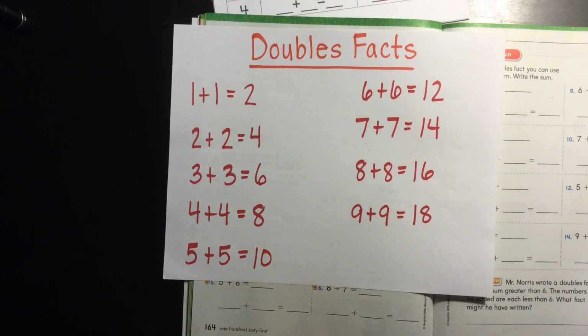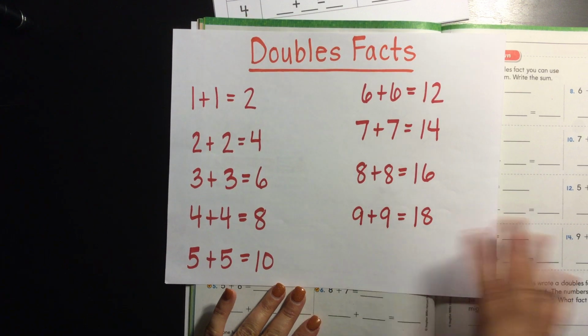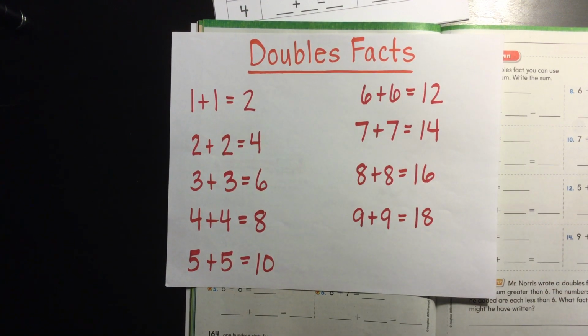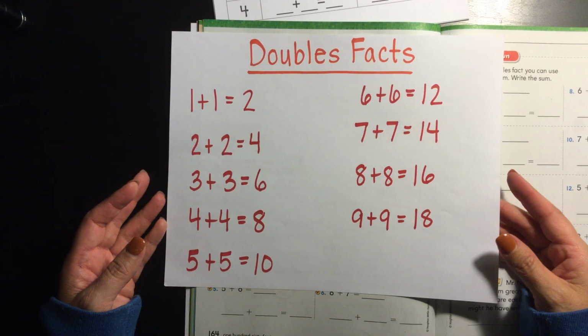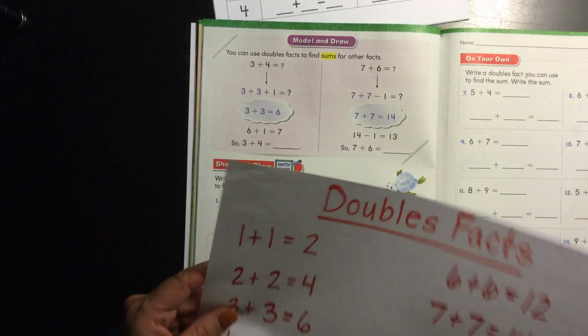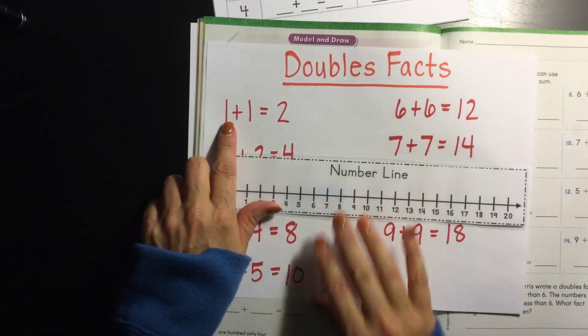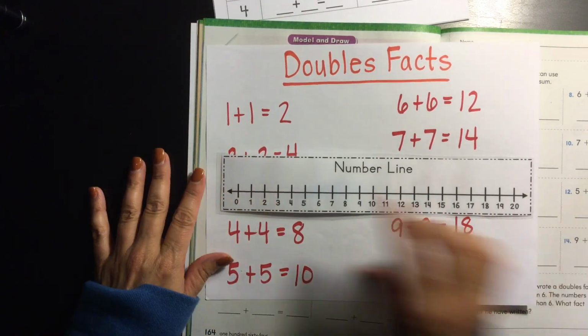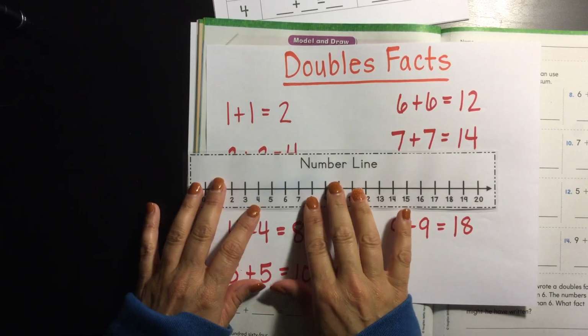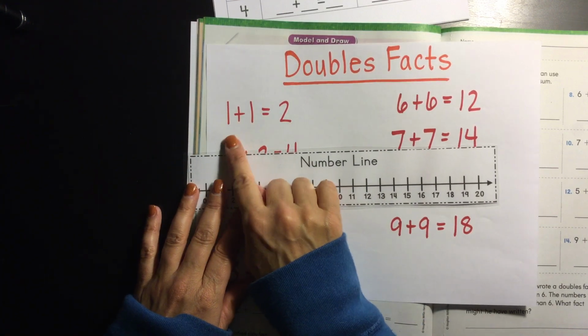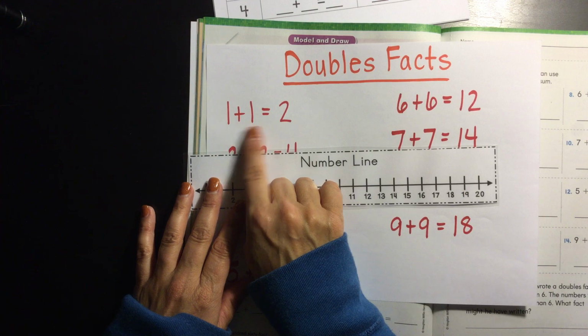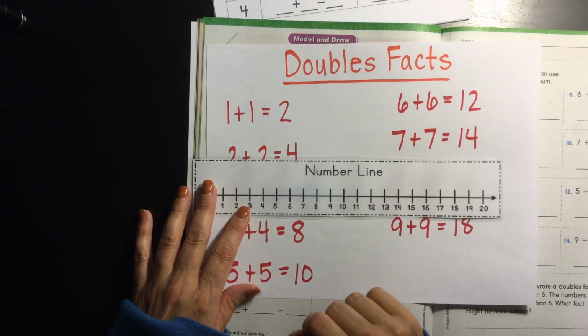This chart is displayed in our classroom if you need to refer to the doubles facts for this lesson or any time that you are solving near doubles facts, which is what we're going to be talking about today. Near doubles facts are facts that are similar to doubles facts, but one of the numbers in a near doubles fact is either one more or one less than the other add-in.